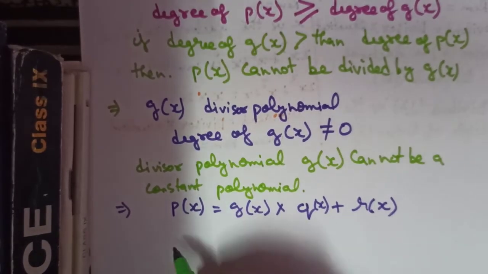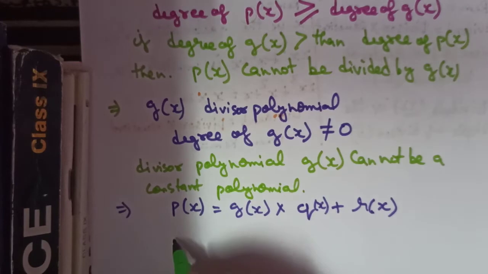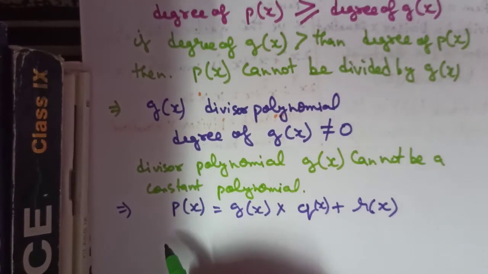what do we know about the remainder polynomial?